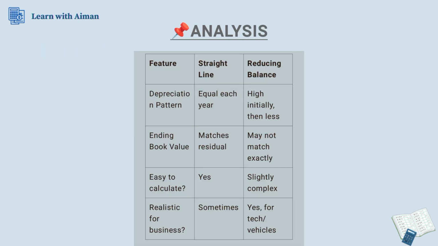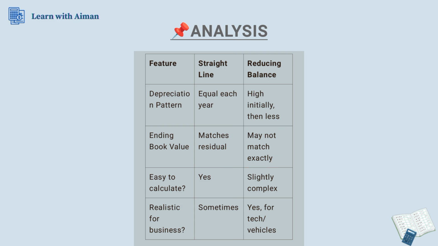Analysis slide. In the straight line method, the depreciation pattern is equal each year, while in the reducing balance method, the depreciation pattern is high initially, then less. In the straight line method, the ending book value most often matches the residual value, while in the reducing balance method, the ending book value may not match exactly.